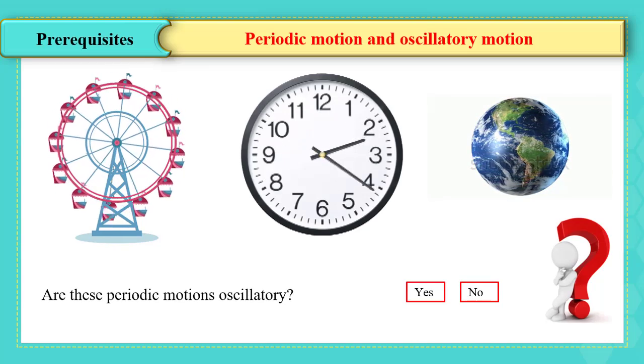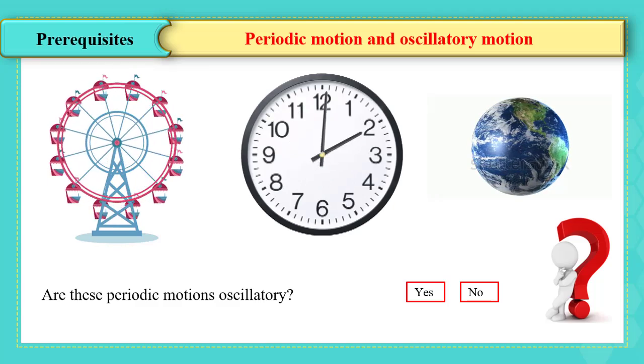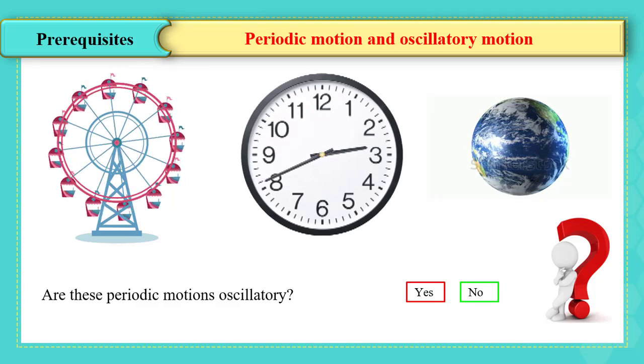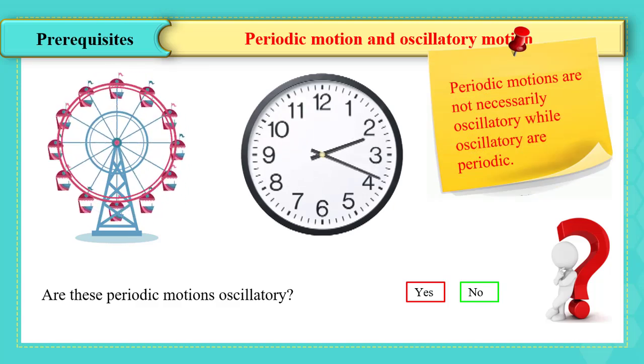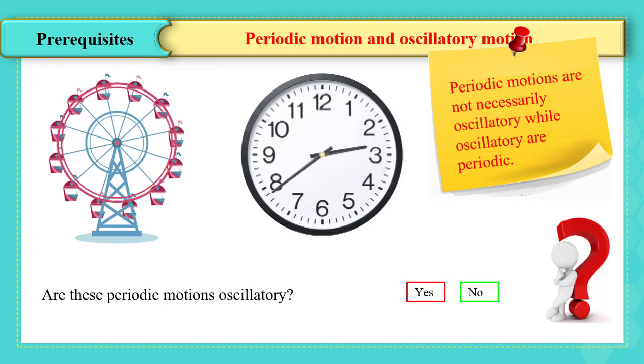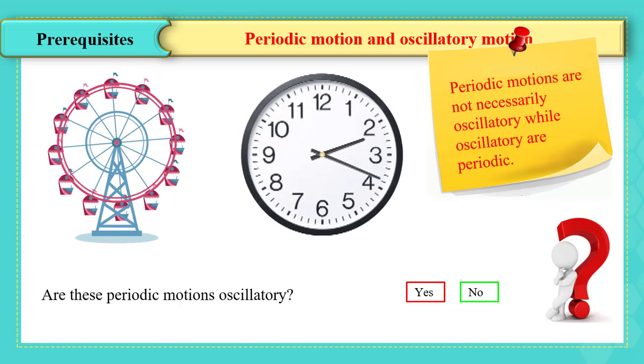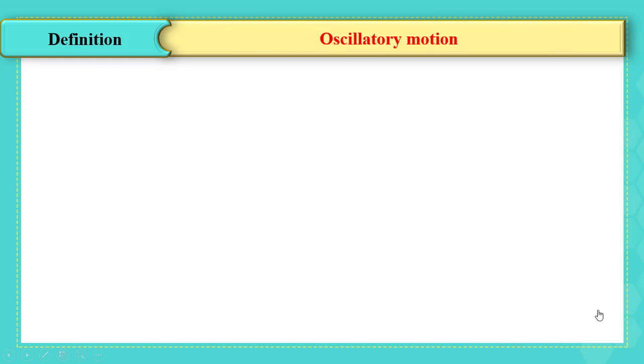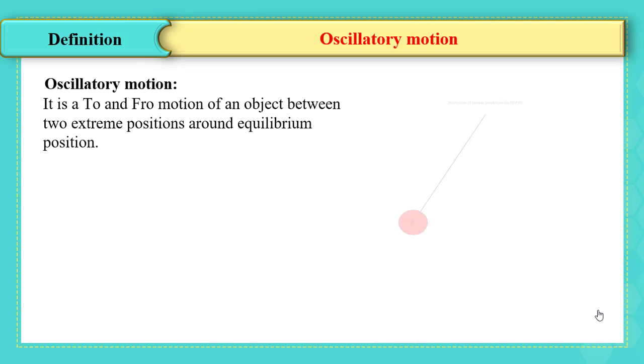Can we consider them oscillatory? No. Then, not all periodic motions are oscillatory motions, yet the opposite is correct. What are oscillatory motions? Oscillatory motion is a to and fro motion of an object between two extreme positions around the equilibrium position.